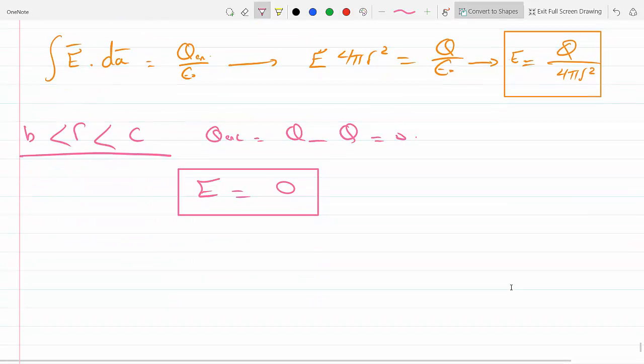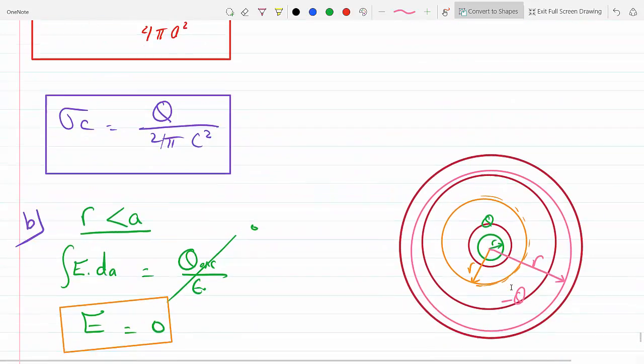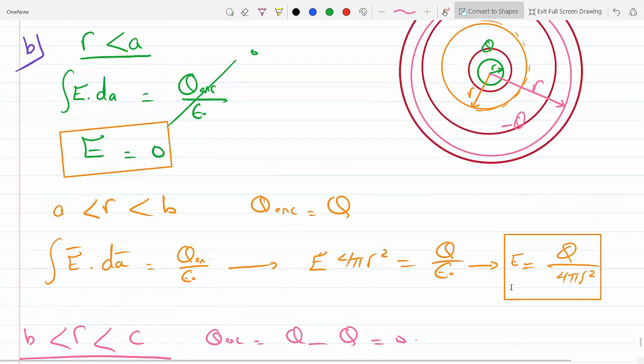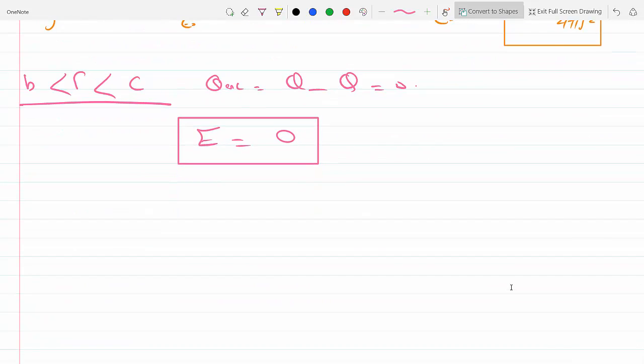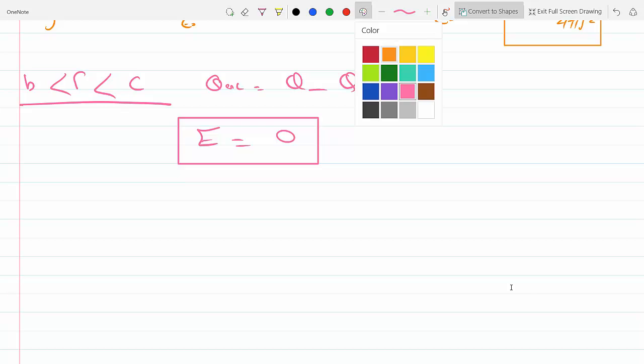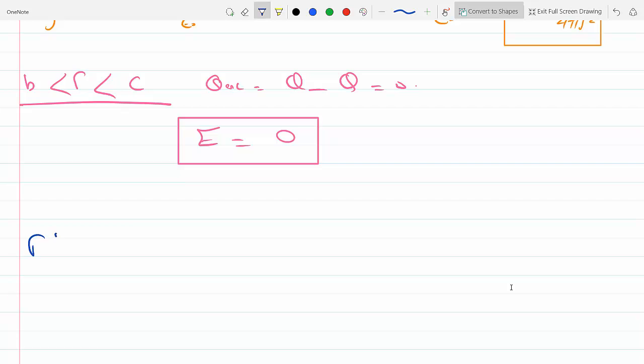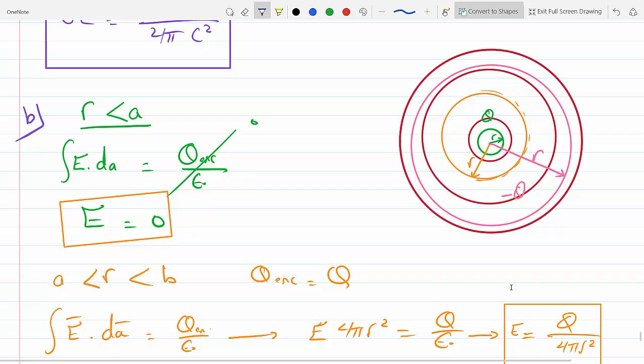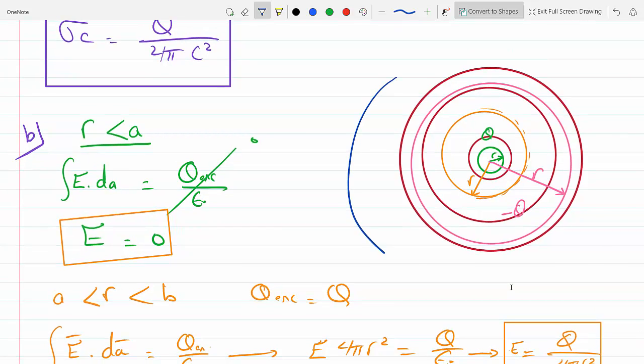Clearly, it's a conductor, so it makes sense. Okay, and then the last part, when R is greater than C, so now I will take a Gaussian surface around the entire thing.